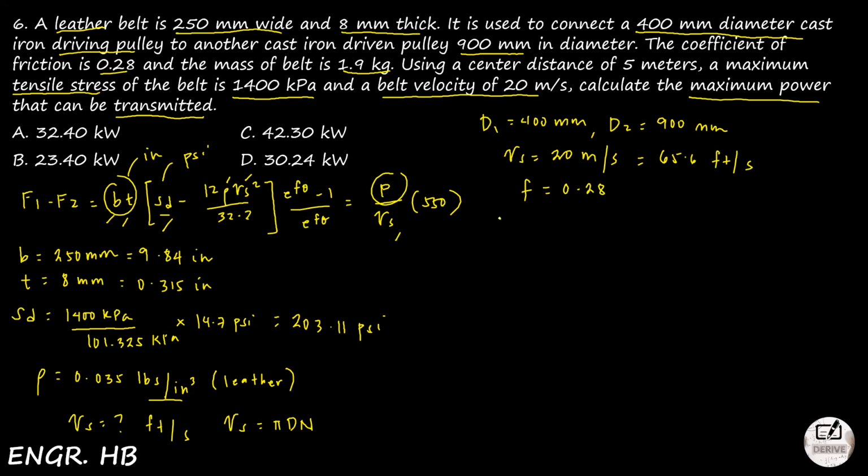Tapos, ang theta natin, of course, always use the smaller, which is 180 minus 2 alpha. So, ang alpha natin is, yun, dito na pala magamit yung dalawang diameter. So, that will become arc sine d2 minus d1 over 2c, which is arc sine ng dalawang diameter, which is 900 minus 400.